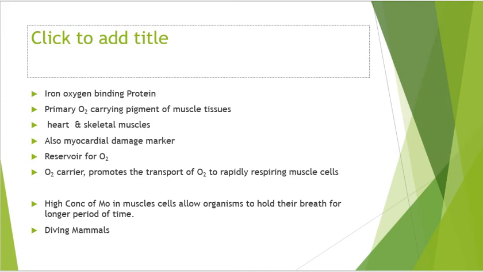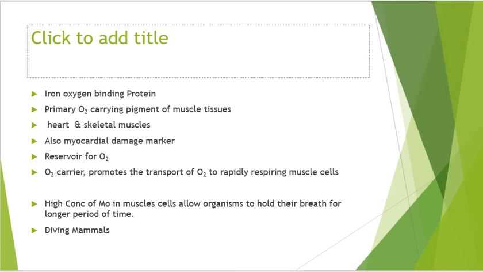It is also involved in the transport of oxygen to the heart and the skeletal muscle. It is also used as a myocardial damage marker nowadays. It is a reservoir for oxygen. As an oxygen carrier, it promotes the transport of oxygen to rapidly respiring muscle cells.